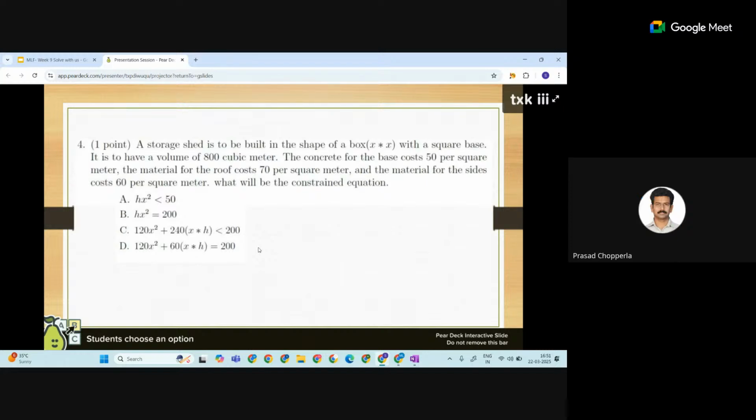One second. I am seeing it. 800 by x square is equal to 2x square plus 4xh.